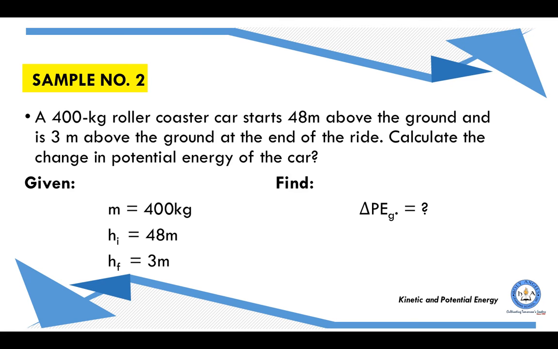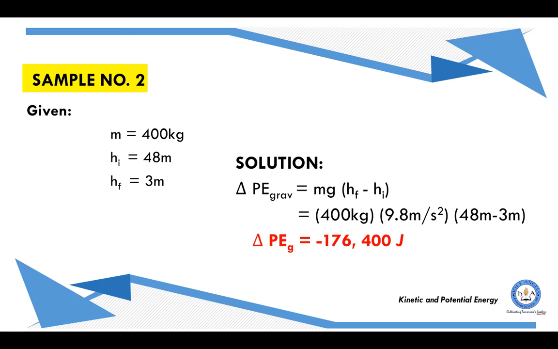After subtracting the initial height from the final height, the answer will be multiplied by the gravitational acceleration, which is 9.8 meters per second squared. The next step, get the answer, then multiply it again by the given mass, which is 400 kilograms. Then you will have the answer, which is negative 176,400 joules.